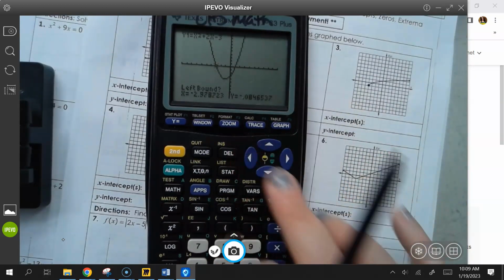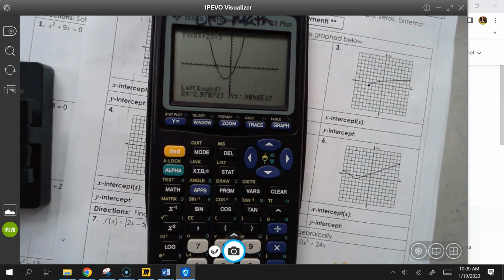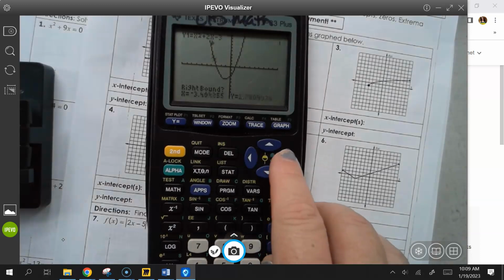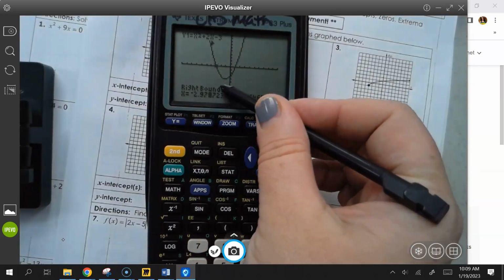I was told I didn't do a good job explaining this yesterday, so let me try this a different way. Put your spider on the point you're trying to find. Okay, and when it says left bound, click left 3 times. 1, 2, 3, and hit enter. So on it, left 3 times, enter. Go back to it, and then go right 3 times.